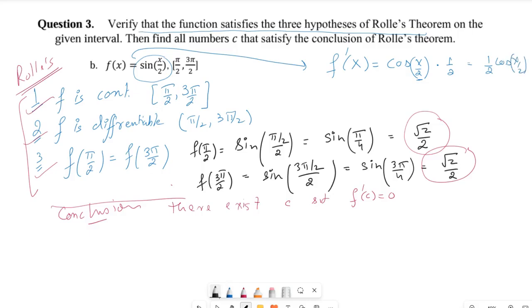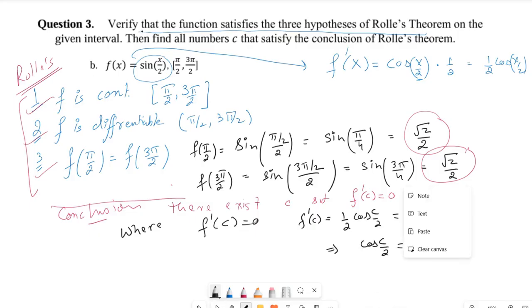We need to find where f prime c is equal to 0. F prime c would be half cosine of c/2 equal to 0. That would imply cosine of c/2 equal to 0 because half cannot be 0, right?